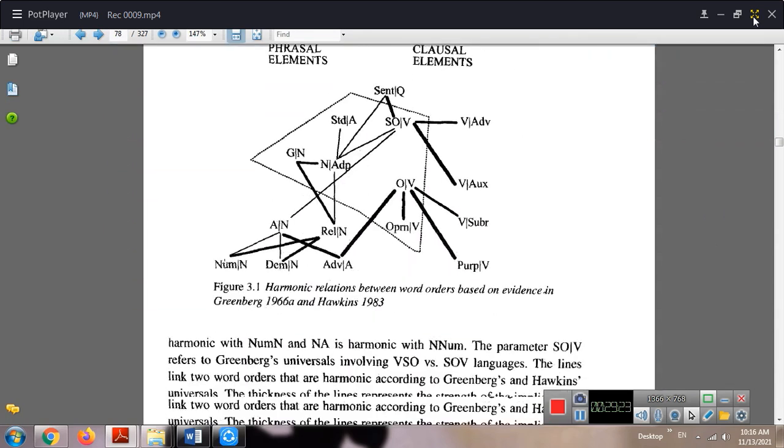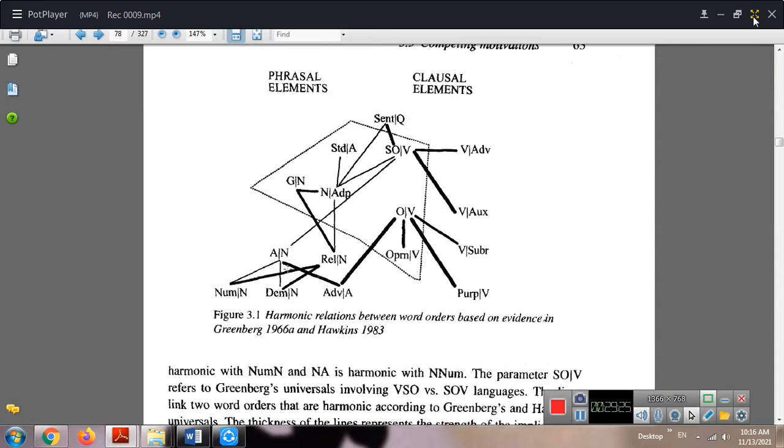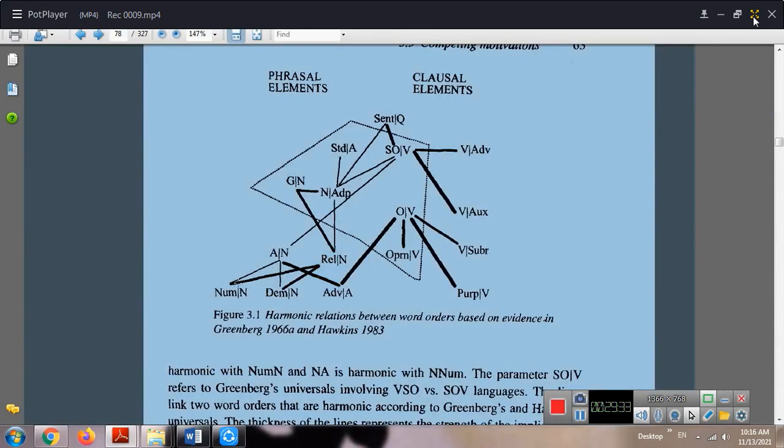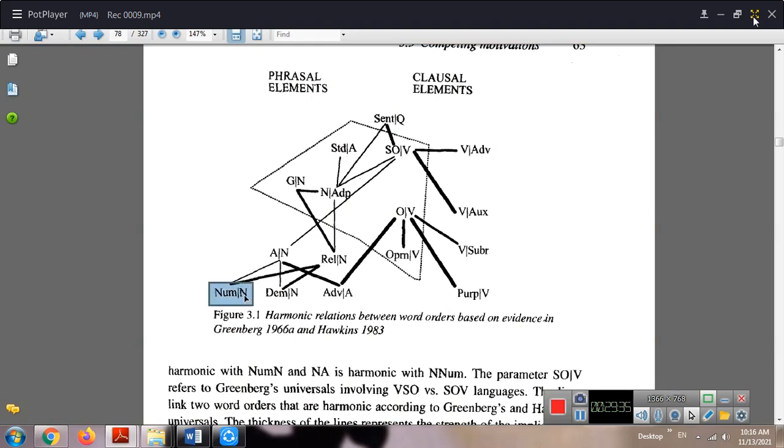Here, dear students, through this line, we can understand that, for example, there is a harmony between number noun and relative noun, and harmony between relative noun and demonstrative noun.